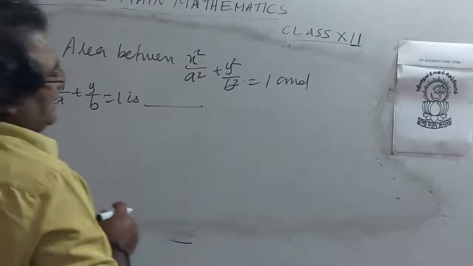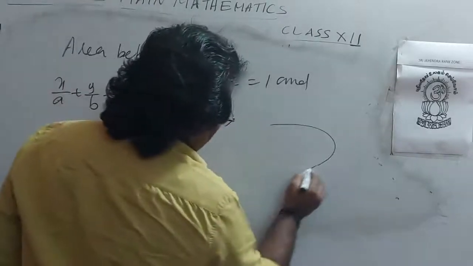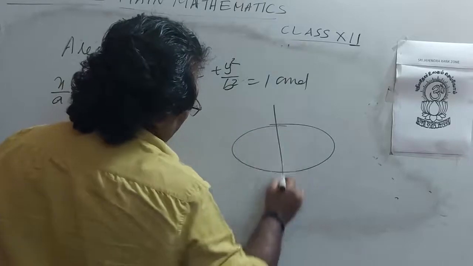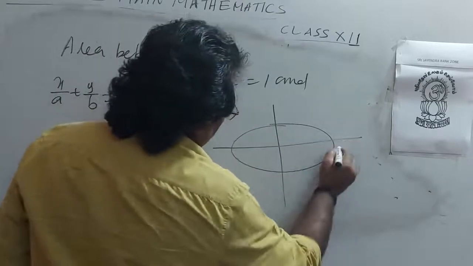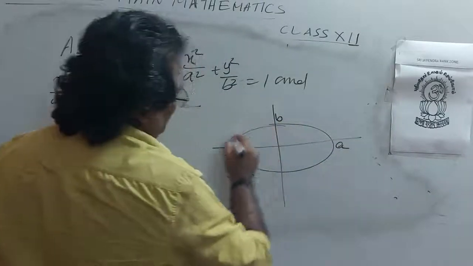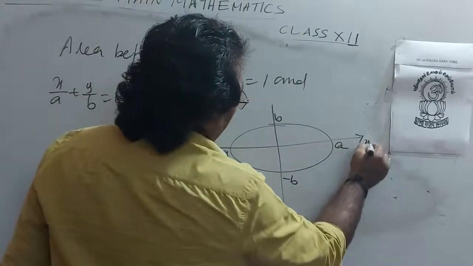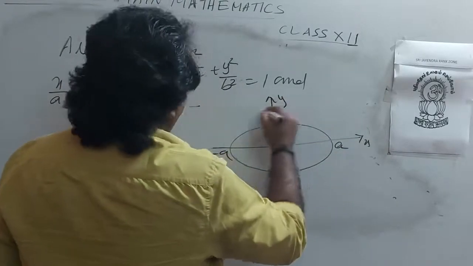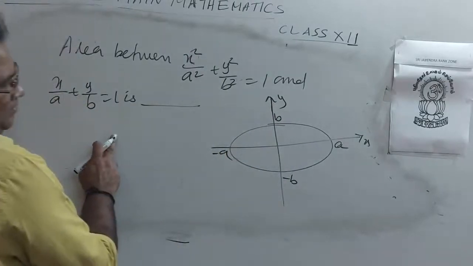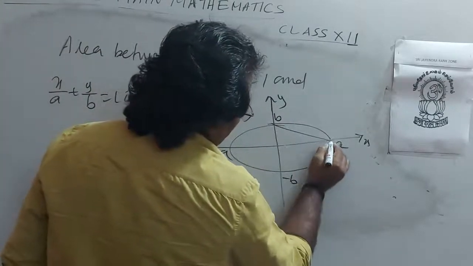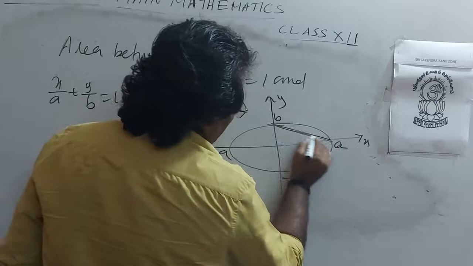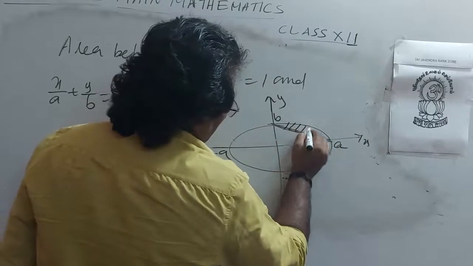You can remember this as a result. This is the ellipse, here a, here b. This is the straight line in intercept form. This is the required area.